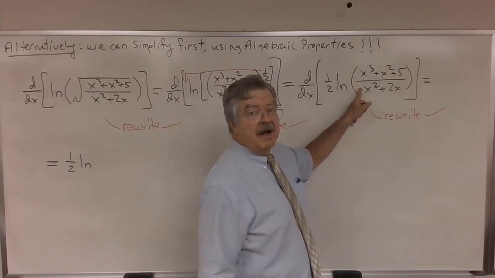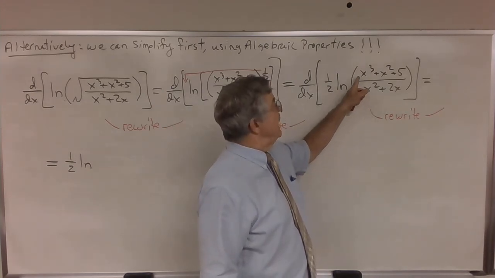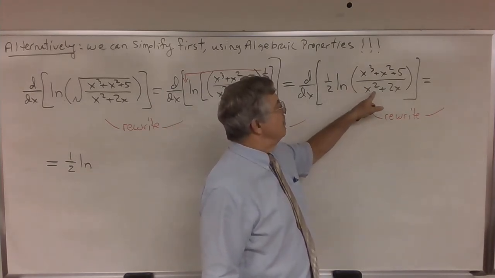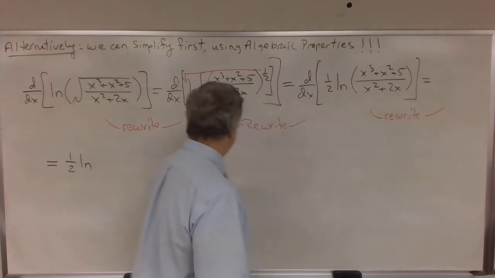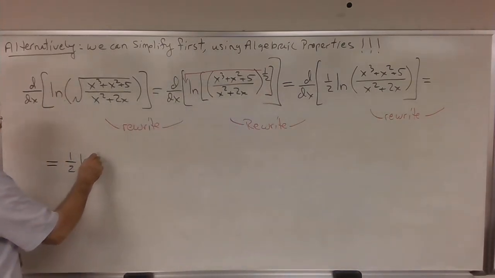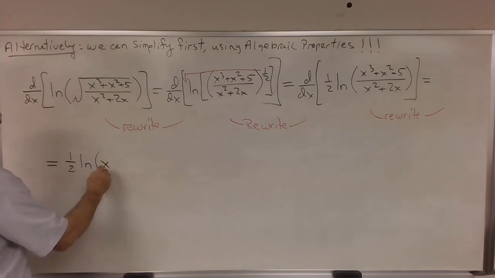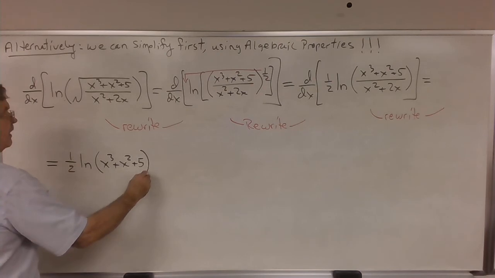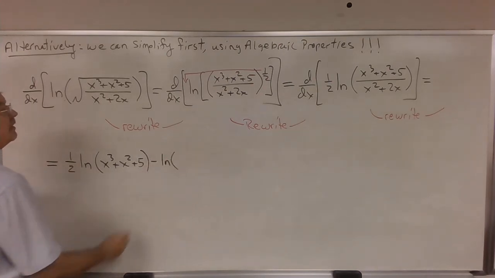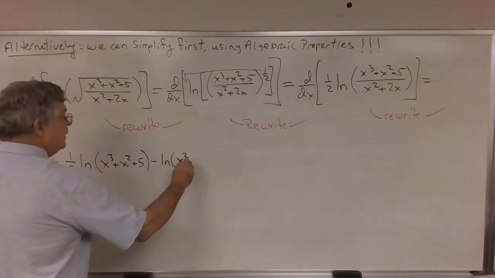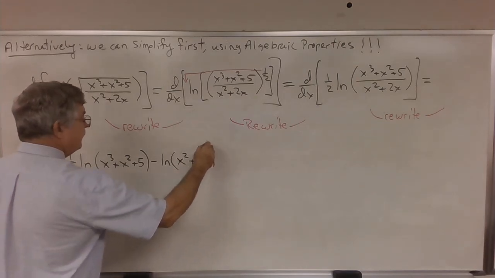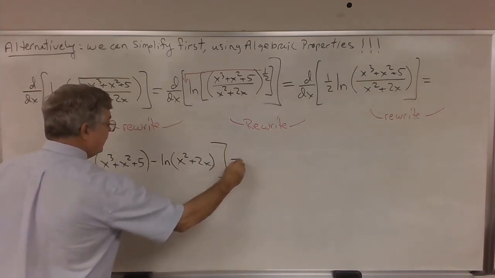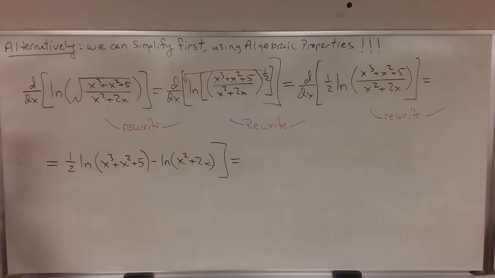And the natural logarithm of a quotient is the natural log of the numerator minus the natural log of the denominator. So natural log of the numerator, x cubed plus x squared plus 5, just 5, minus natural log of x squared plus 2x. Now it looks incredibly simple, except I didn't put my d/dx down here.